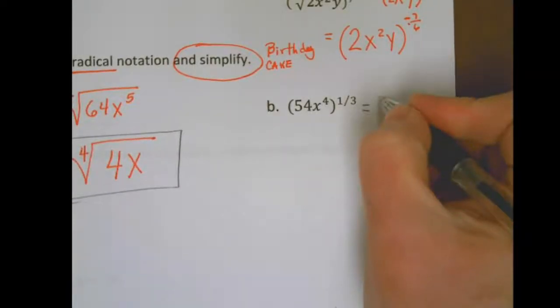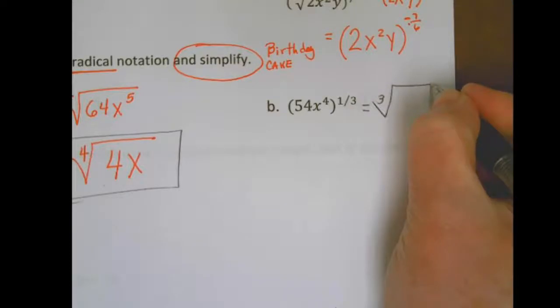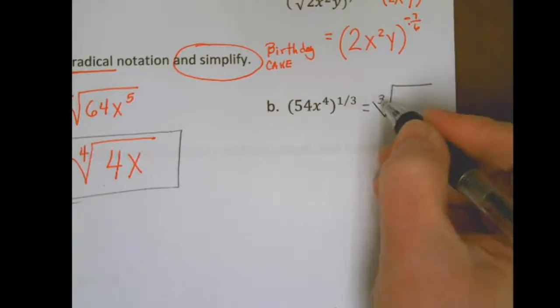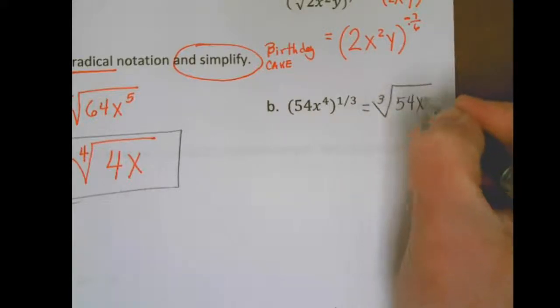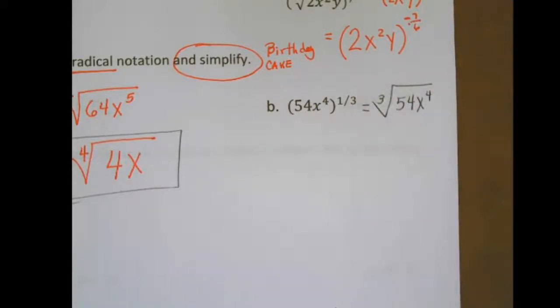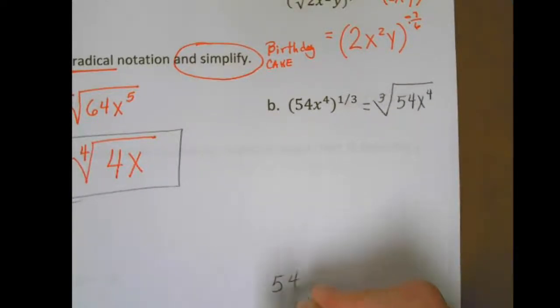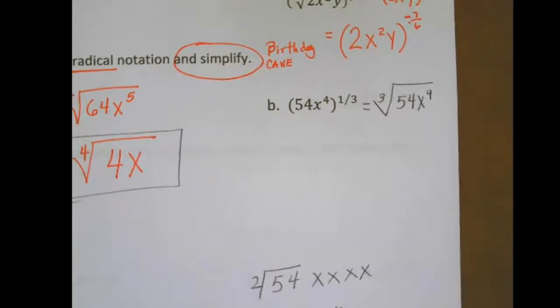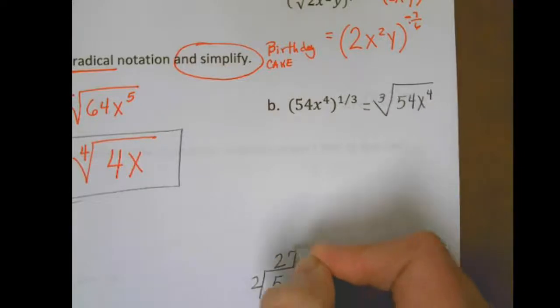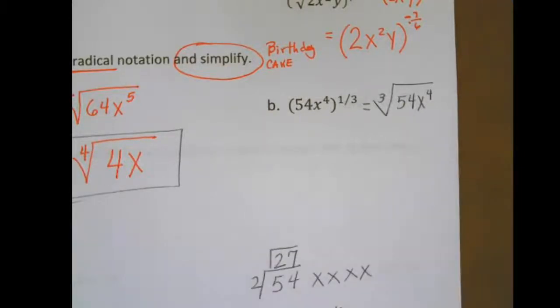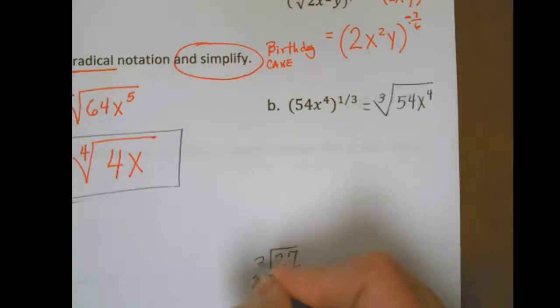Convert to radical form. This symbol is called a radical. The index is 3, from right there. 54x to the 4th power. So down here at the bottom of my problem, 54, x to the 4th. Divide by 2. I can't divide by 2 again, so I divide by 3.